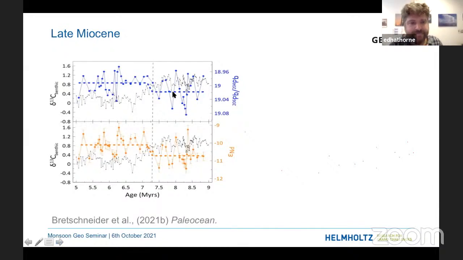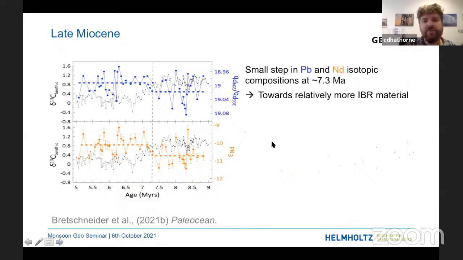In the late Miocene, we also see, this is neodymium and lead, and this is now the carbon isotopes in the benthics, and this is a global signal in benthic carbon isotopes, which reflects some sort of reorganization of the global carbon cycle. And here we see a small, subtle, but measurable shift in the source of the sediments, also becoming more Indo-Burman ranges-like.